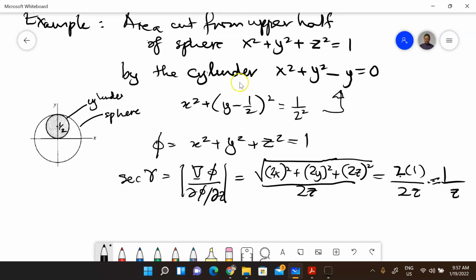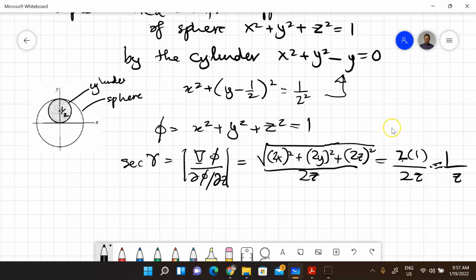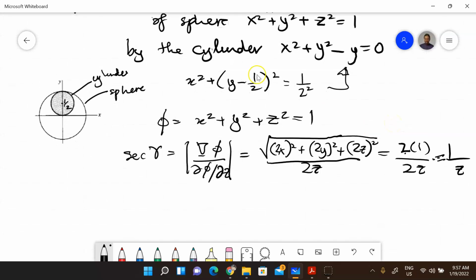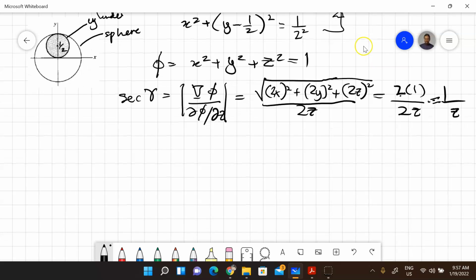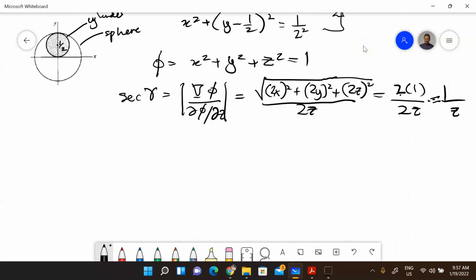So we can now integrate that. So A is now given by your secant gamma, which is 1 over z, of dx dy. Our problem now is to determine what the limits are.